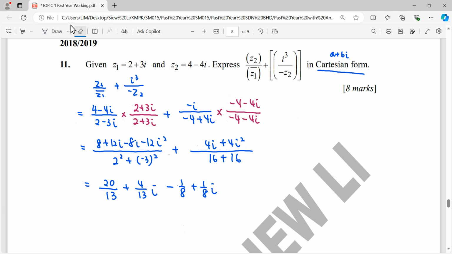So when all these divisions are simplified to standard form, only then we do the operation of adding the two complex numbers together, where 20 over 13 minus 1 over 8 gives us 147 over 104. And the imaginary part, 4 over 13 plus 1 over 8, will give us 45 over 104 i.